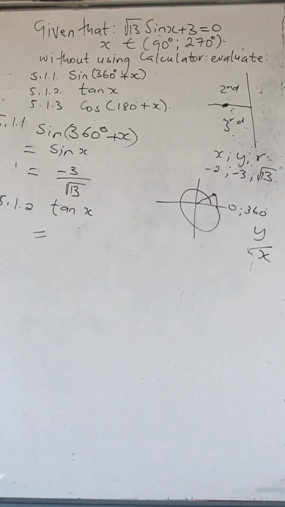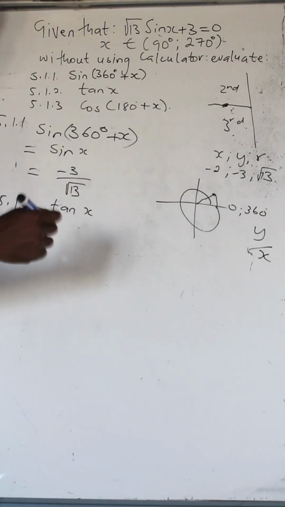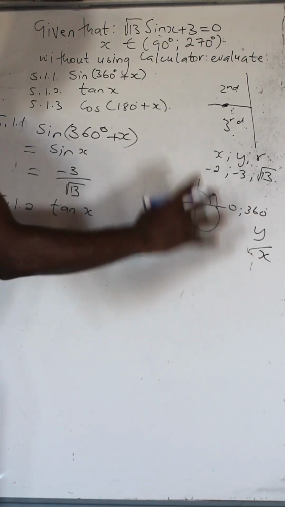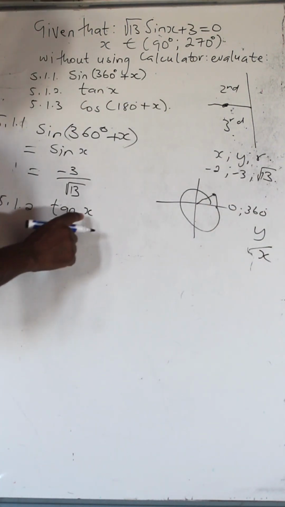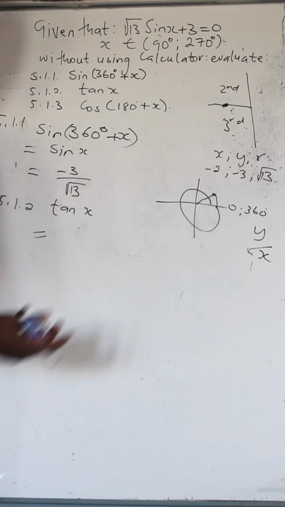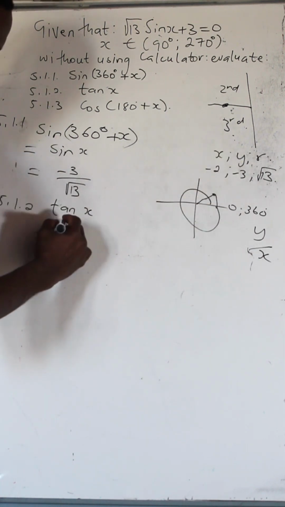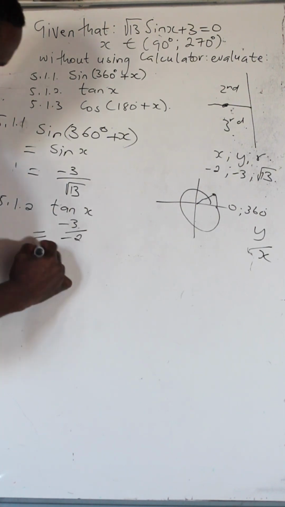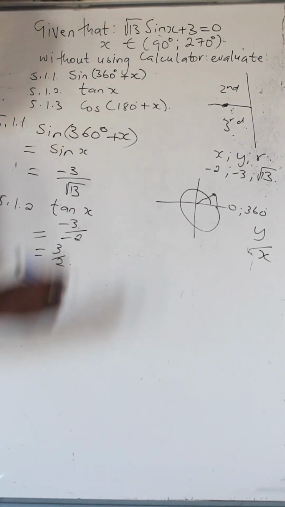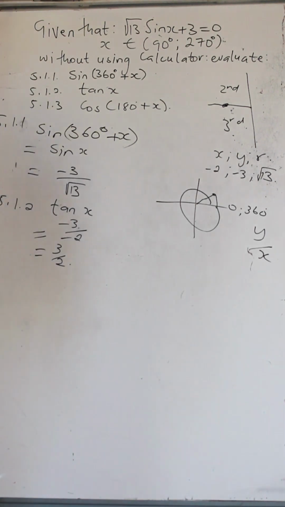Please ignore this x. Think of this x as theta. But this one is just your general expression for when you do your sine ratios. When I say ignore, I don't mean it's not there, but it's an angle, not this x. So this will be minus 3 over minus 2. So it's going to be 3 over 2.